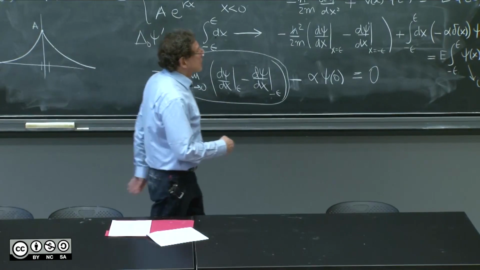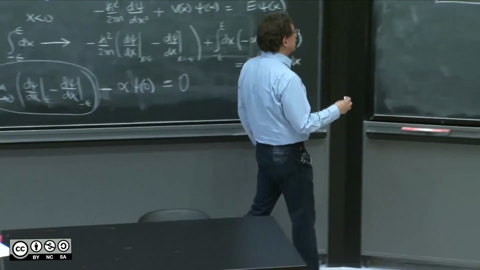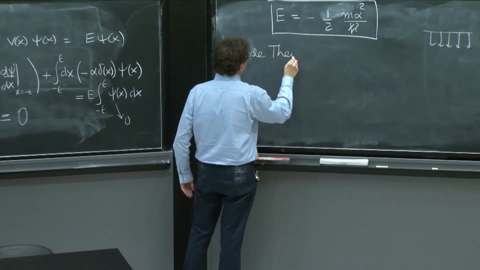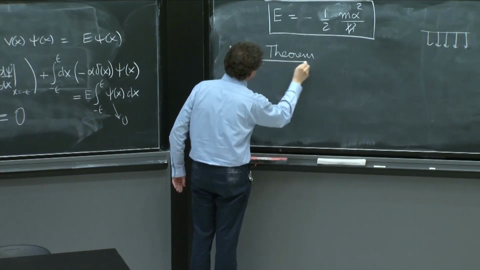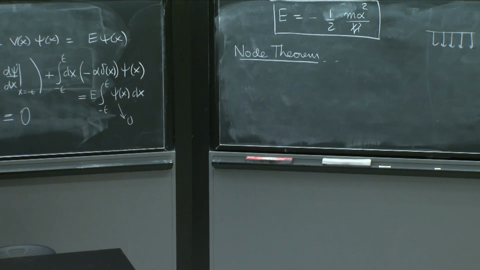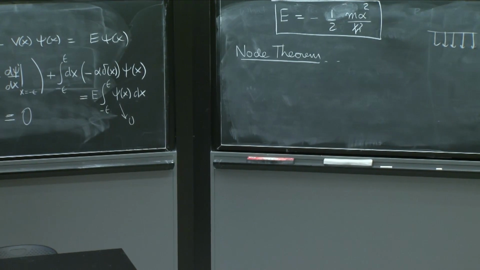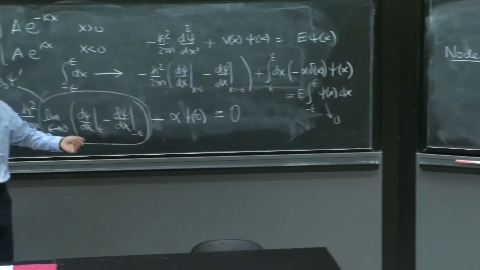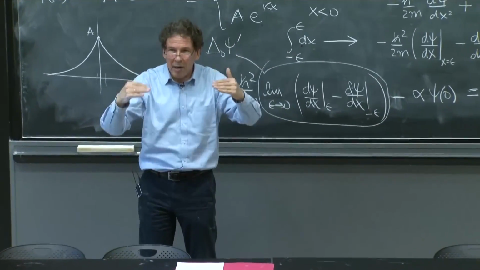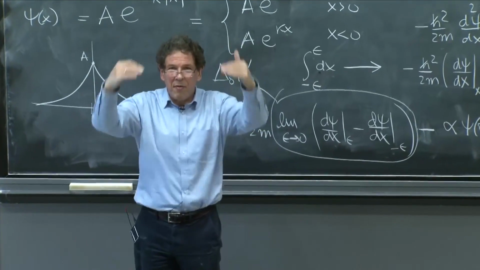The next thing I want to say for a few minutes is about the node theorem. And it's something we've seen before. We've heard if you have a one-dimensional potential and you have bound states, the ground state has no nodes, the first excited state has one node, second, 2, 3, 4.